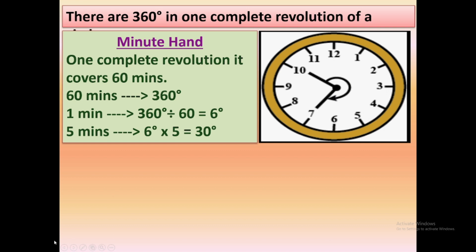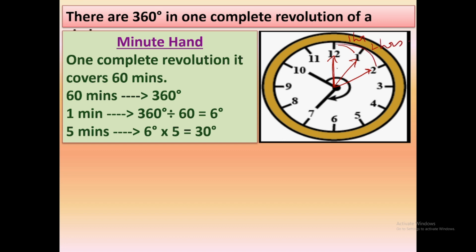अब हम आते हैं आवर हैंड पे. For the hour hand you should know that if the hour hand from here comes to here, it has covered 1 hour. From 12 to 2 it covers 2 hours.